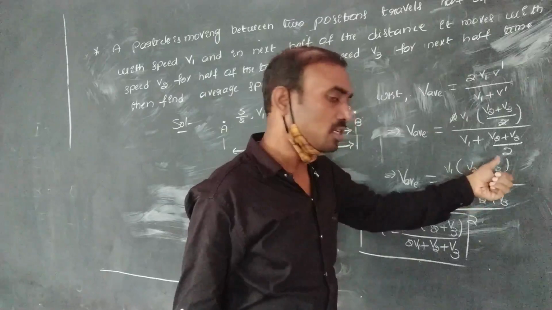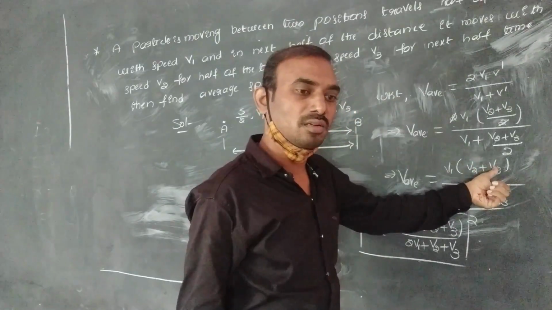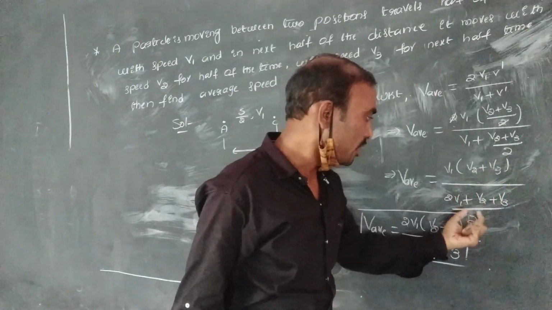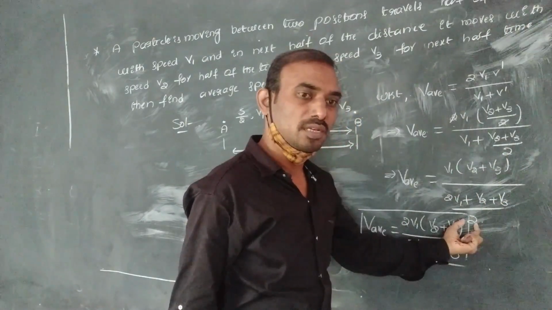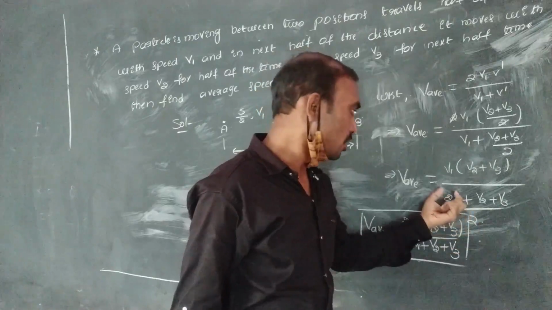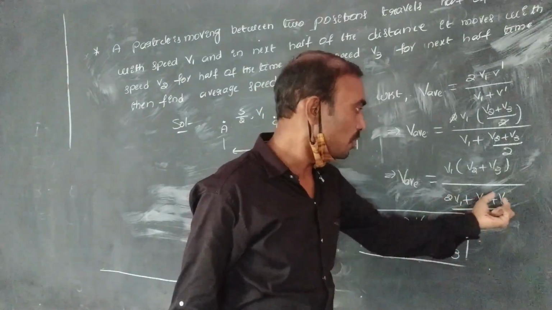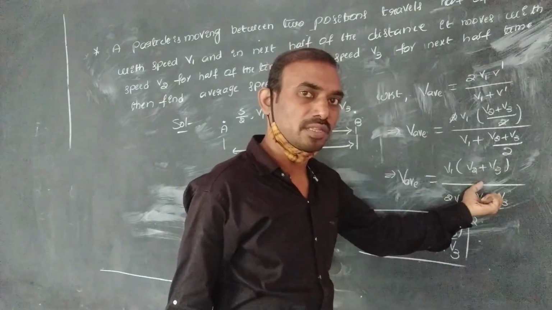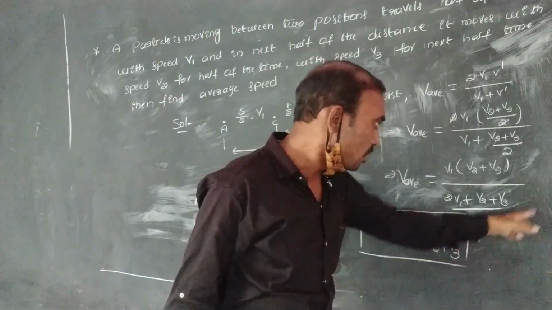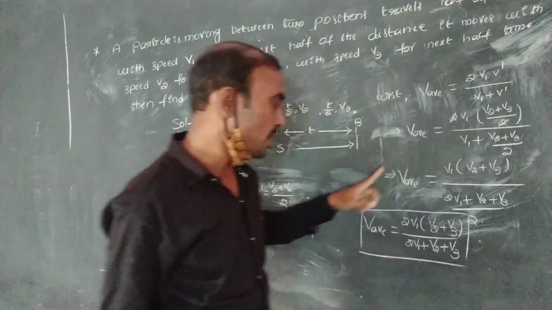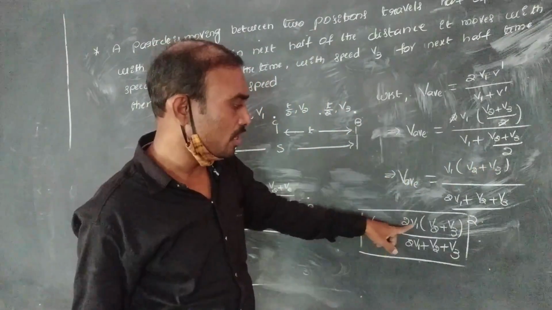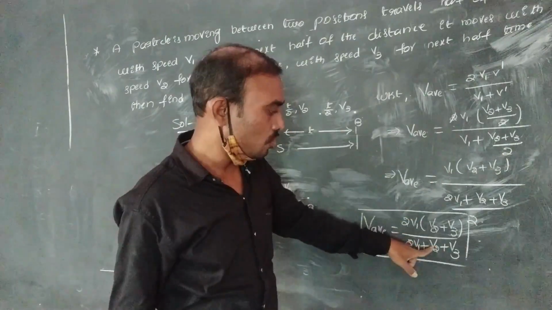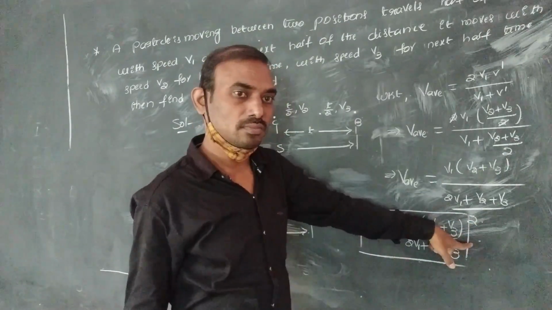V1 into V2 plus V3, whole by, in denominator LCM 2, 2 V1 plus V2 plus V3. So this 2 will go to numerator. Therefore, average speed equal to 2 V1 into V2 plus V3 by 2 V1 plus V2 plus V3.